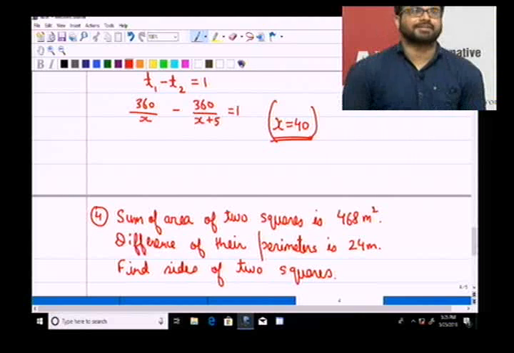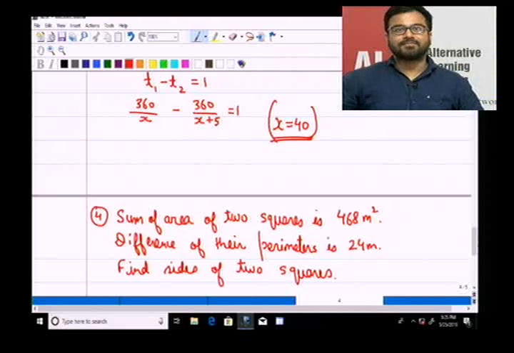This time, Churchandpur, take 2 minutes extra. Try to form the equation yourself.